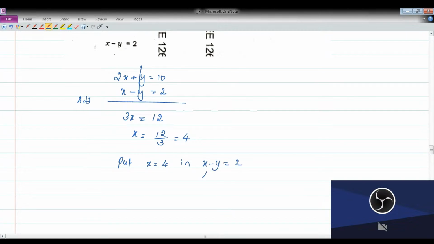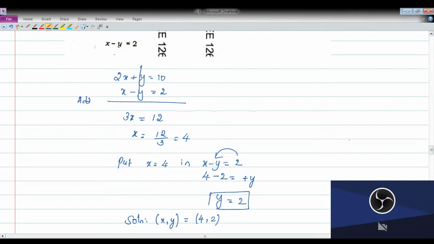I am shifting that minus 2 to this side and sending minus y to that side. So I get y is equal to 2. Therefore the solution for the given equations is x comma y is equal to 4 comma 2.